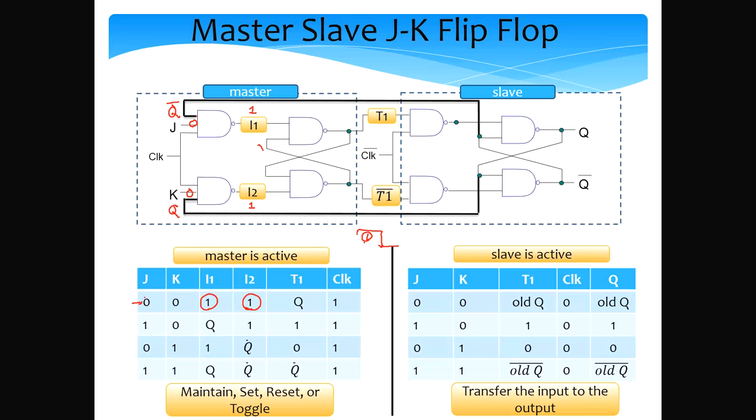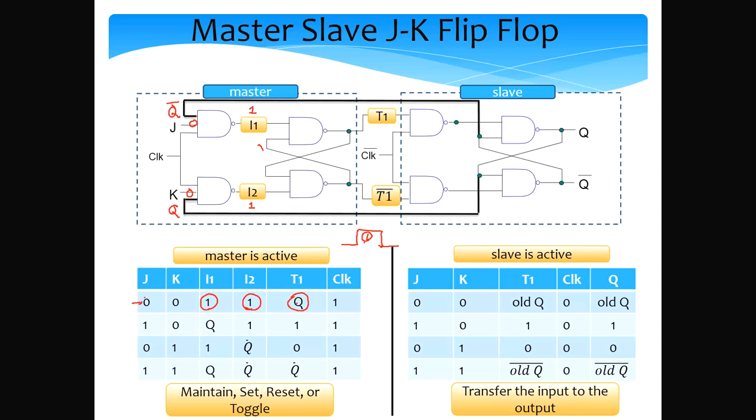Before this particular clock cycle, we had a positive edge. At the time of the positive edge, when the clock was 0, the value of T1 was reflecting in Q, and once the clock became 1, the slave got disabled. So the old value of T1 that we have over here is essentially the same as the value of Q. As a result, since we are maintaining, the value of T1 that we have is the same as the value of Q.